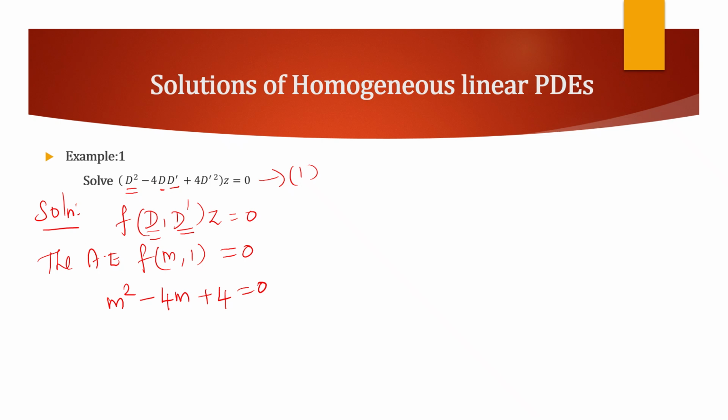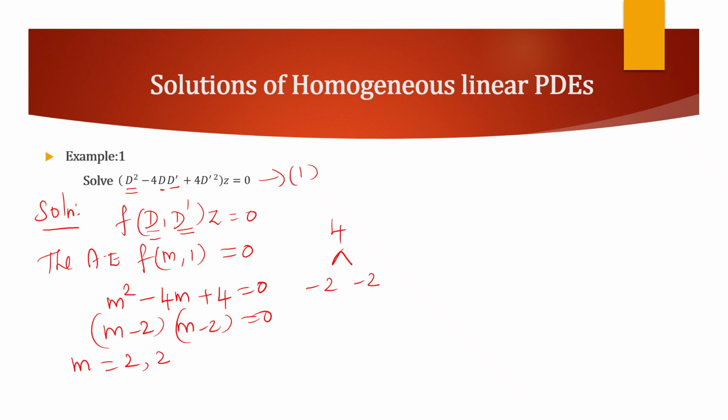Solving this, we find the roots. The product must be 4 and the sum must be minus 4, so minus 2 into minus 2 gives plus 4 and the sum is minus 4. So it is m minus 2 into m minus 2 is equal to 0. The roots are m is equal to 2 and 2.